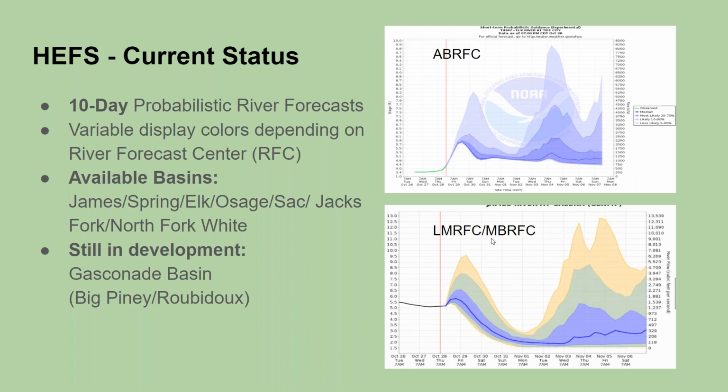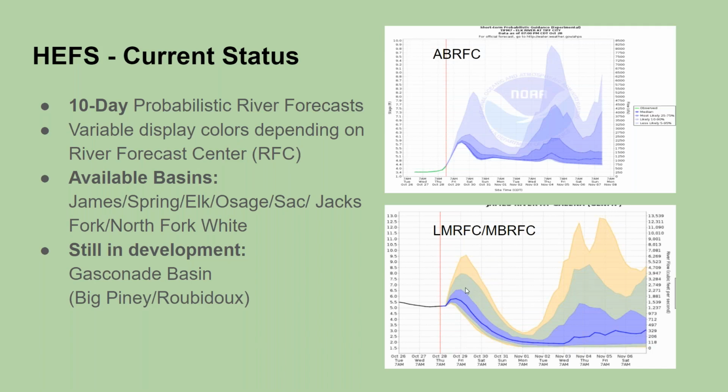And then with Lower Mississippi and Missouri Basin River Forecast Centers, they do more of this color coding where you get the blue for the higher probabilities, and then it tails off to green and this peach orange color as you get a little farther away. So that is one other thing about HEFS.